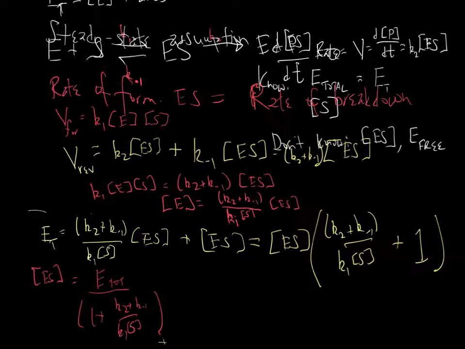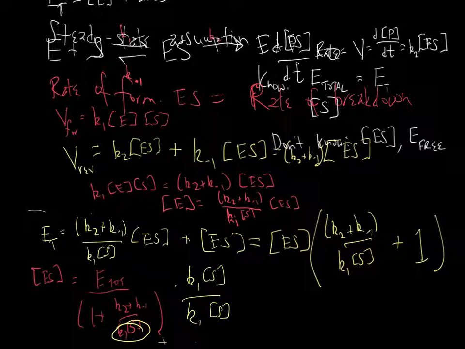So what I'm saying is, if we multiply this entire thing by K1S over K1S, it's the same thing as multiplying it by 1. But when we do that, we can get rid of this down here. Does that make sense? If at all possible, we want to simplify things from having denominators on top of denominators, and it makes it a little easier.